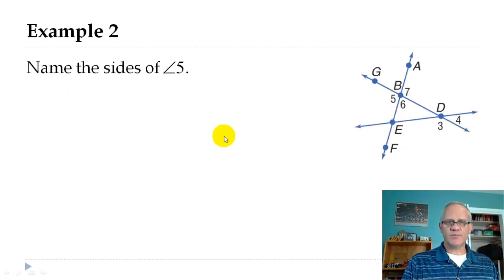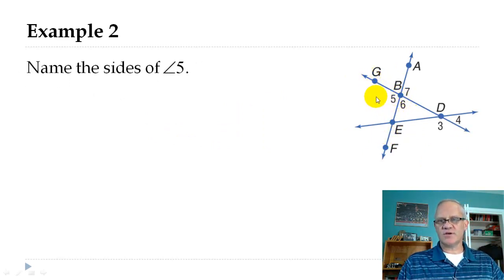All right, second example. Name all the sides of angle 5. Well, here's angle 5. It has 2 sides, which are rays. The first side is this one right here. Are we going to call it ray GB? Nope, because G is not the endpoint. What's the endpoint?